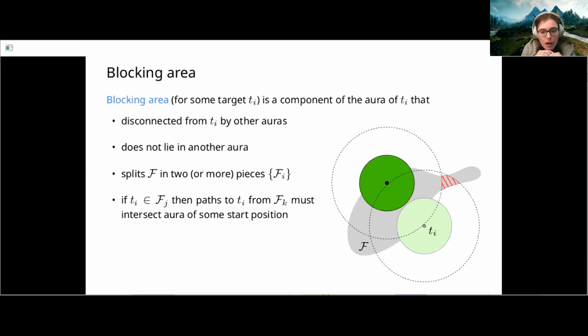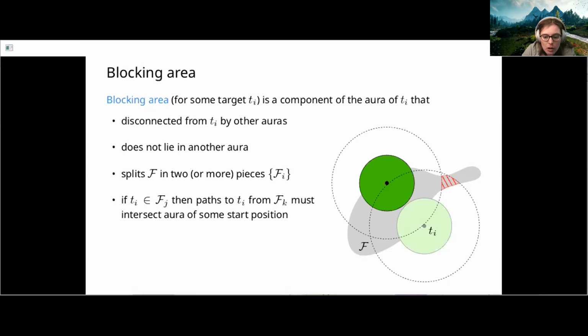And this blocking area splits the free space component into two or more pieces. Now, if we are going to try to navigate towards T1 from the other side, from the other piece of the free space component, then all the paths will go through this blocking area, and we cannot guarantee that there will be no collisions.